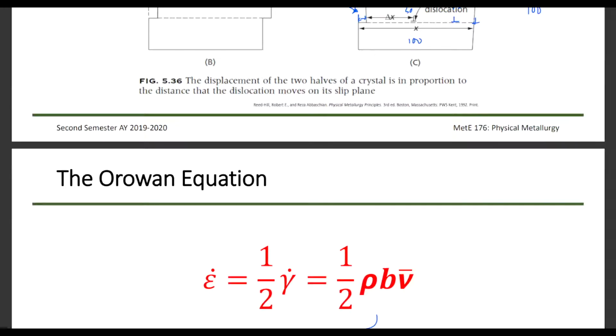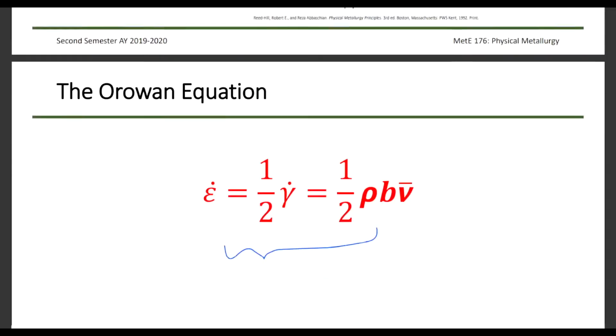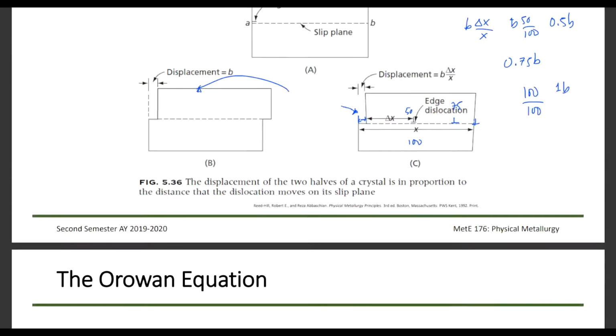So if it's only partially moved, then we can actually calculate the strain that we introduce. The shear strain can be approximated by the displacement over the z value, the height.